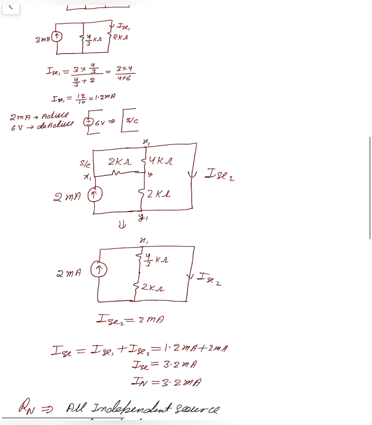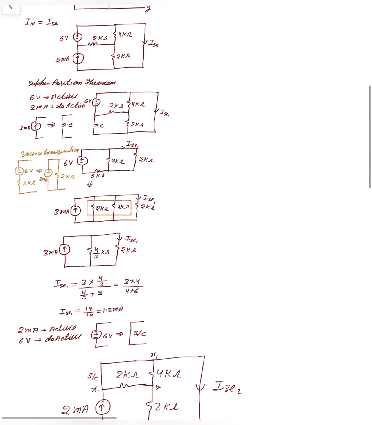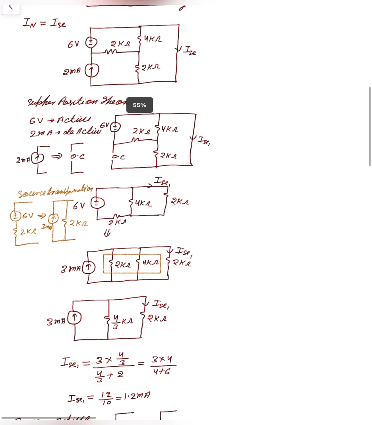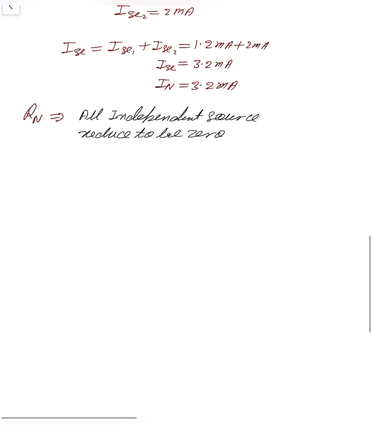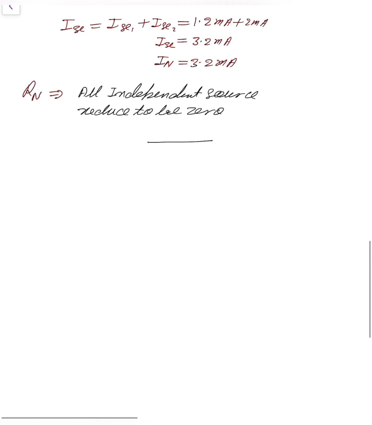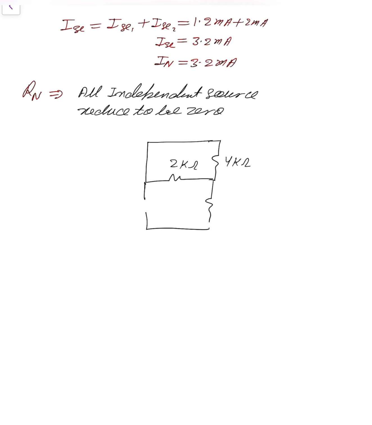All independent voltage sources become short circuits, and current sources become open circuits. So first of all, make the voltage source short. This is 2 and that is 4 kilo ohm, here 2 kilo ohm, and here open circuit, and that is 2 kilo ohm. That is RN.